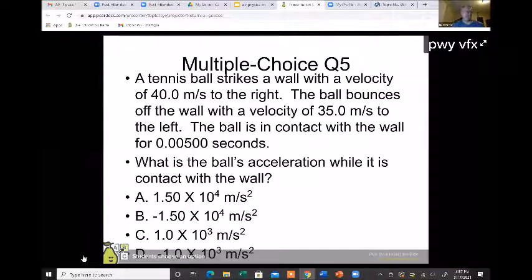All right, go ahead and do the same thing on question 5. Same prompt, different question about that prompt. Go ahead and try to answer question 5 for me. You might need a calculator on this part.